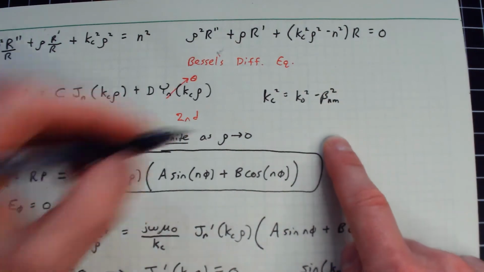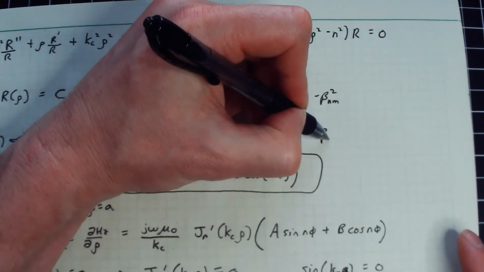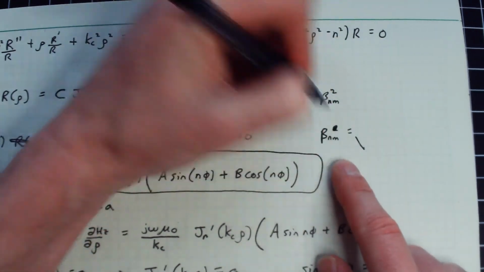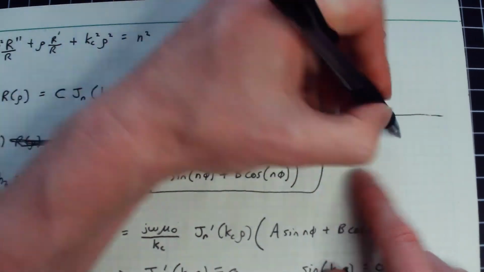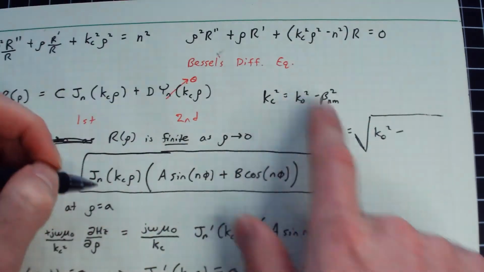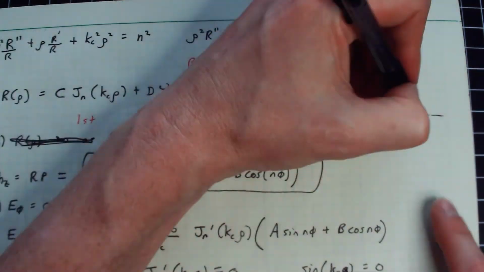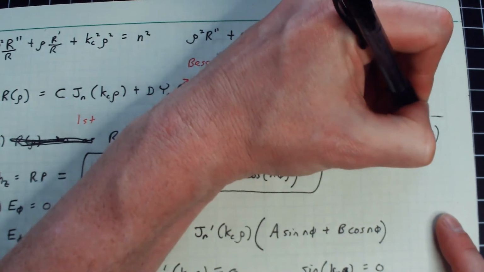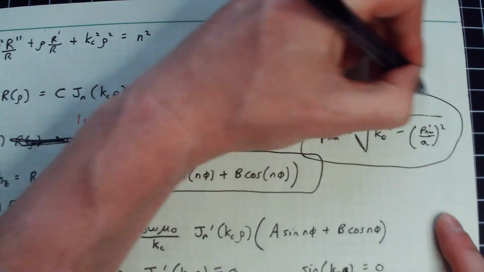So this will imply beta sub nm is equal to the square root of k naught squared minus k c squared, which is this nasty thing here, p sub nm prime over a, squared.